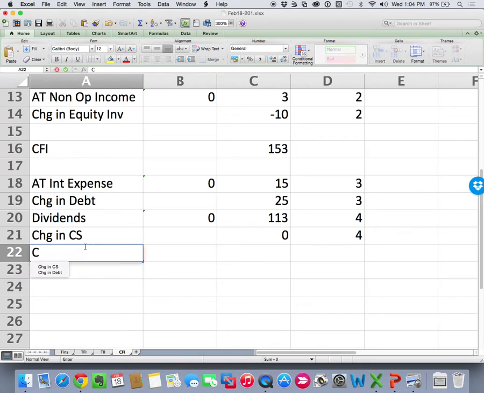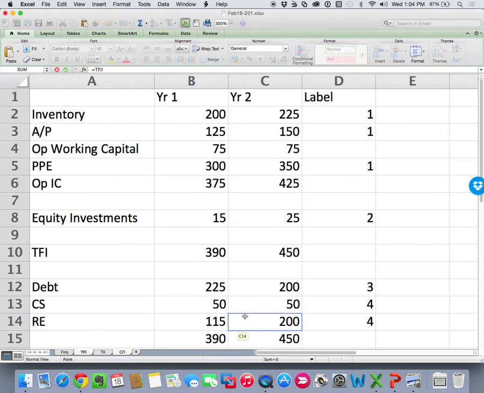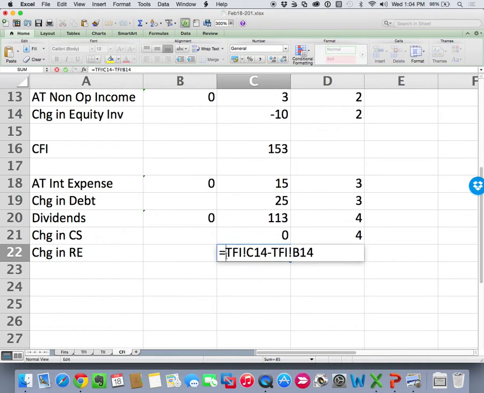All right, change in retained earnings. That's the equity for the firm. It went from 115 to 200, it went up by 85. On this statement, a positive or a negative number? Negative, because we have more equity in the firm.